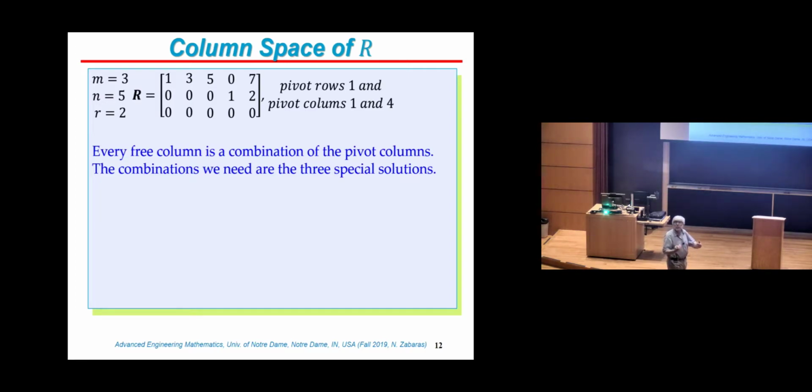So they tell you the other columns depend on the 2 pivot columns, and the numbers tell you what combinations you have to take to generate these 3 columns. And obviously, if you reverse the signs of this and you set the free variables 1 at a time equal to 1, right, and the rest to 0, then you have the solution to the null space problem because of what we just described.